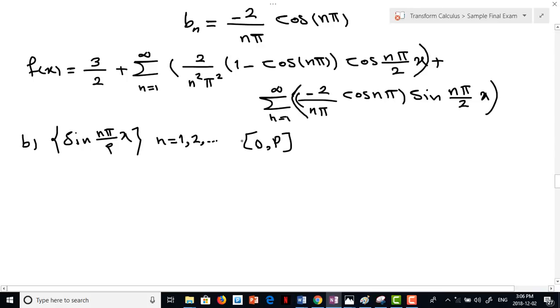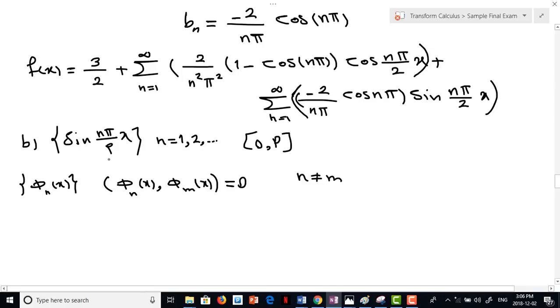So you know that based on the definition of orthogonality, if you have a set of functions like phi n x and you want to show that it's orthogonal, you have to show that the inner product of phi n x and phi m x under the given range is equal to 0 when n is not equal to m.